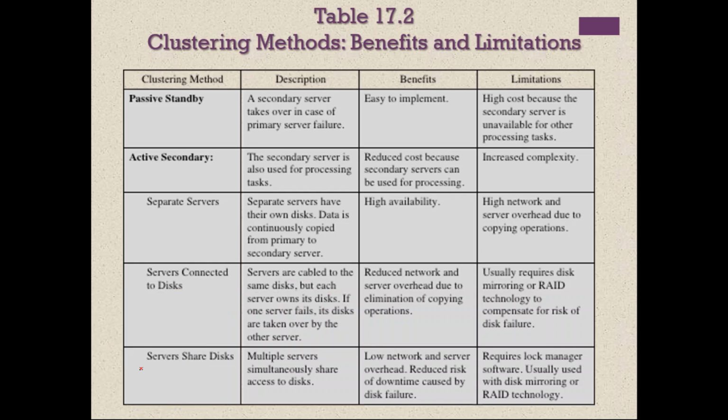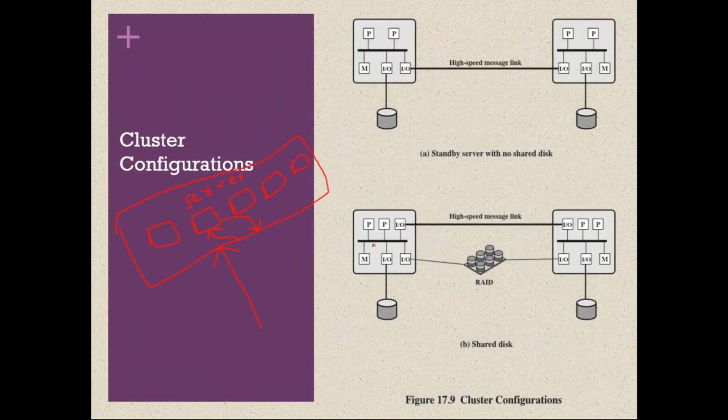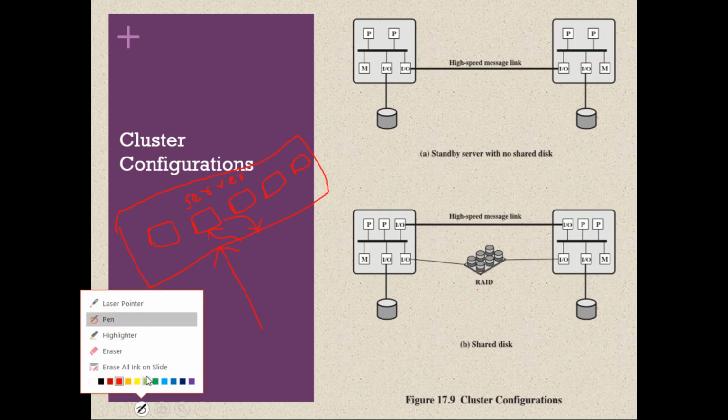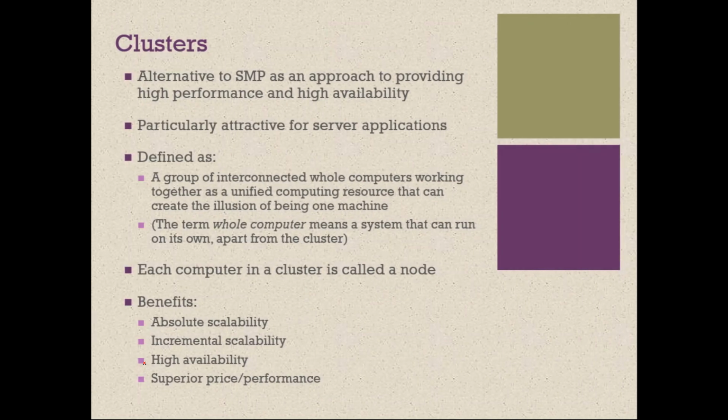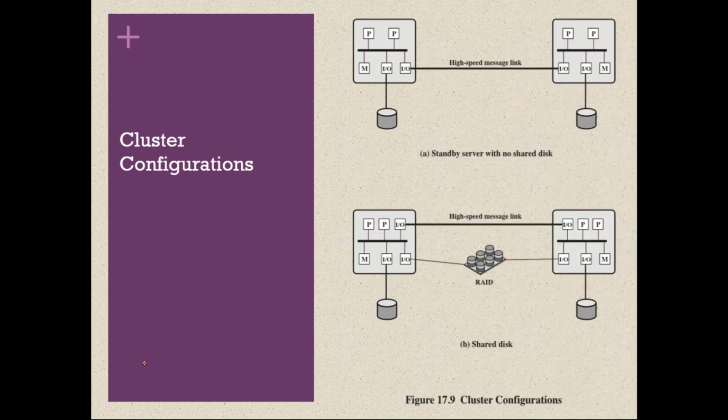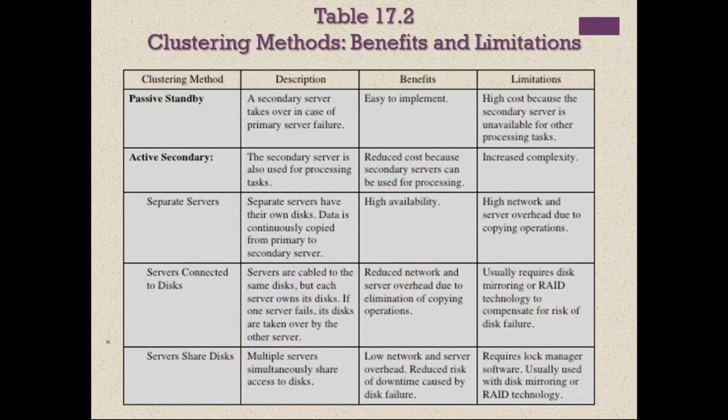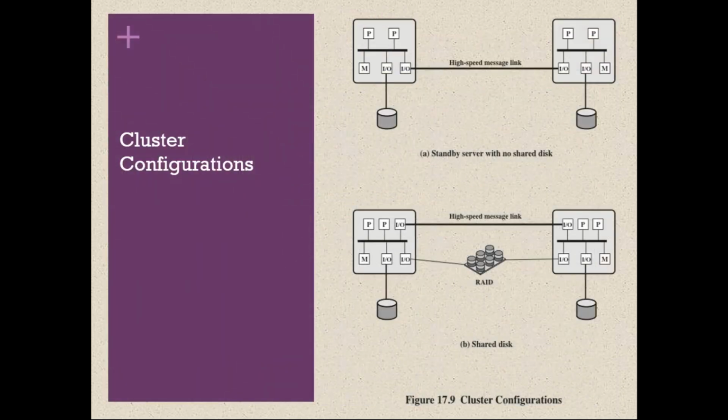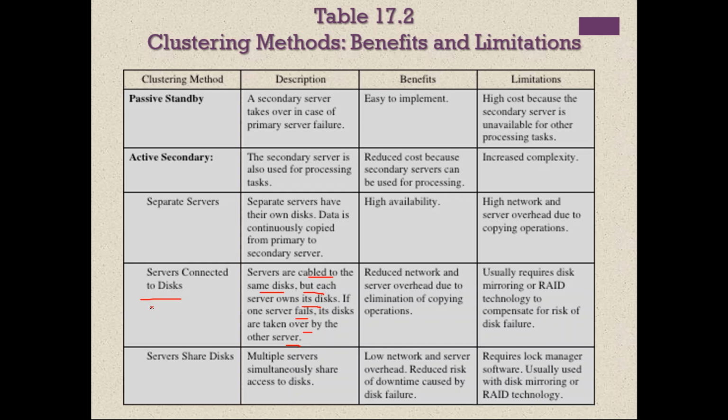This is similar to the second model we are discussing, server connected to common disks. Each server is cabled to the same disk, but each server also has its own disks. If one server fails, its disks are taken over by the other server. As long as the server does not fail, it won't be taken over. So this technique is called no share.